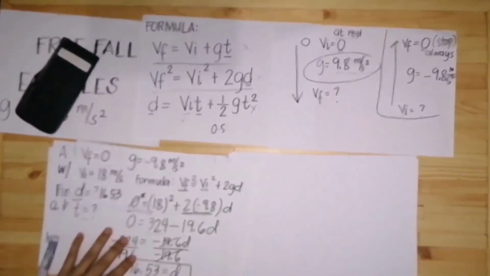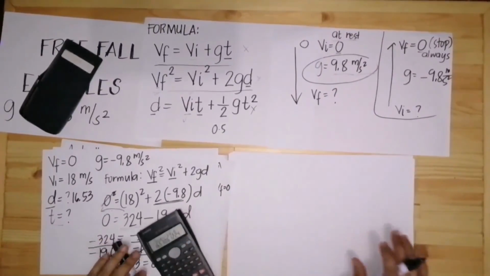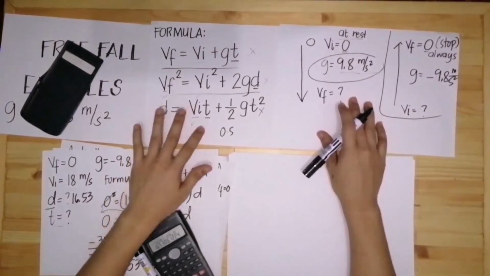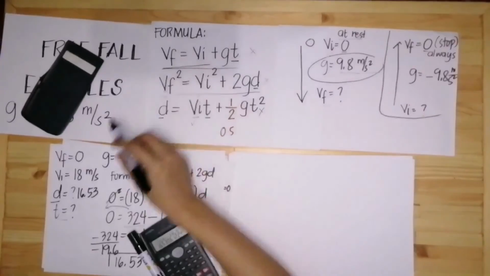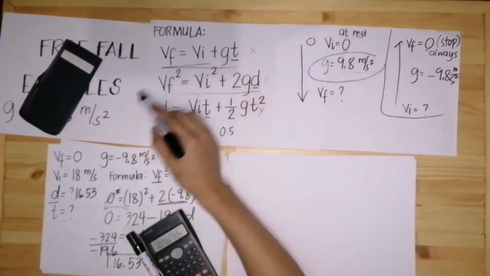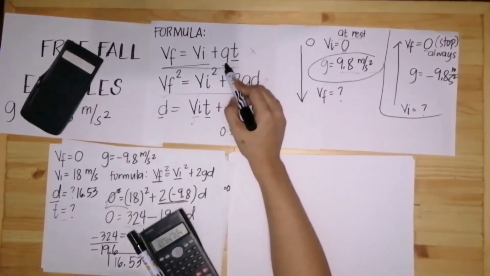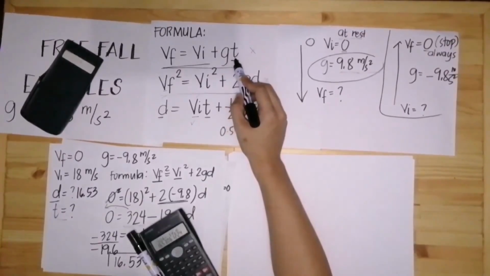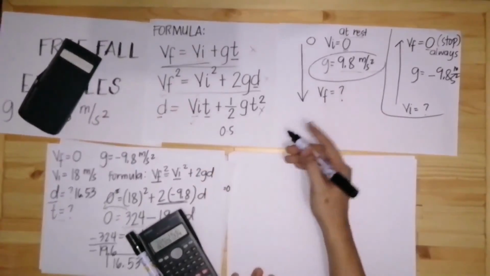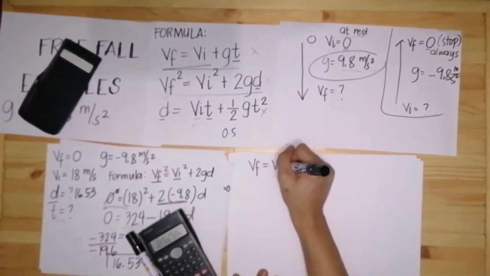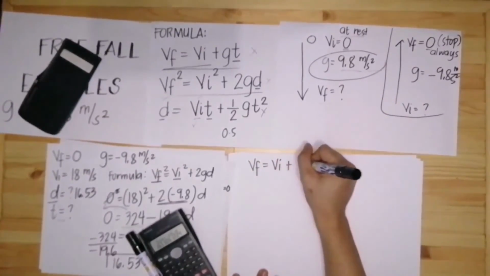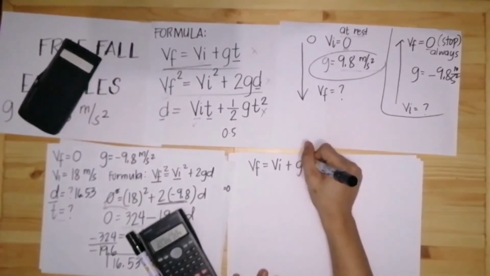For the time, let's see which formula can be used. In the first formula, do we have Vf? Yes. Vi? Yes. We have the gravitational acceleration, of course, and then the time. So we can use the very first formula: Vf equals Vi plus gt.